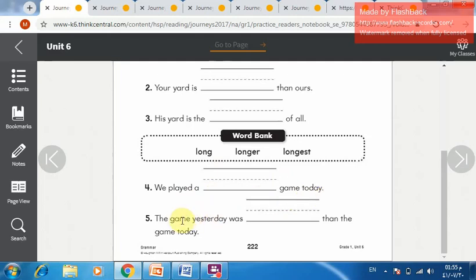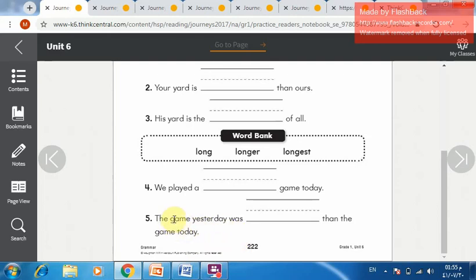Number 5. The game yesterday was dots than the game today. Very good. So, understand the sentence very well. The game yesterday was longer than or longest than. Can you count how many things I'm comparing? Very good. Can you find keywords? Yes.